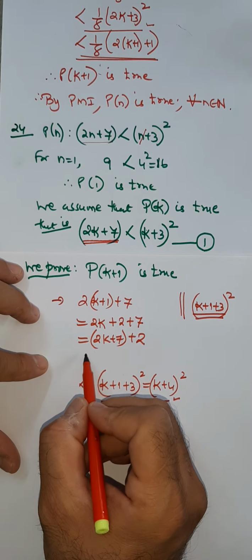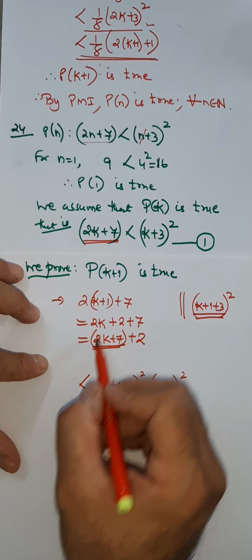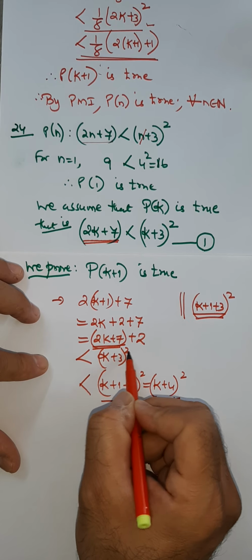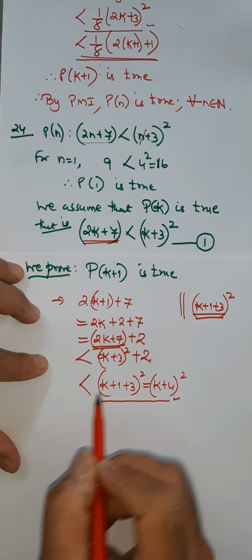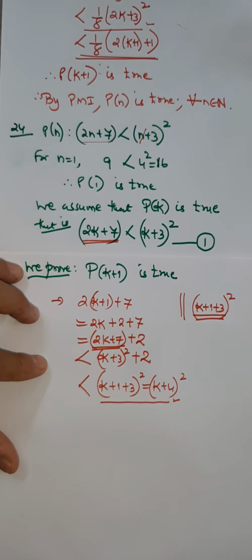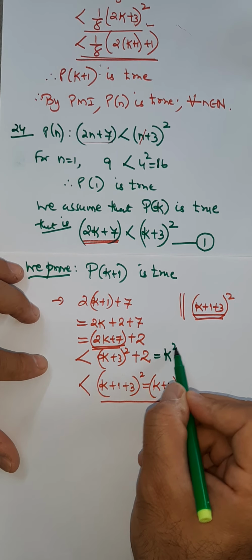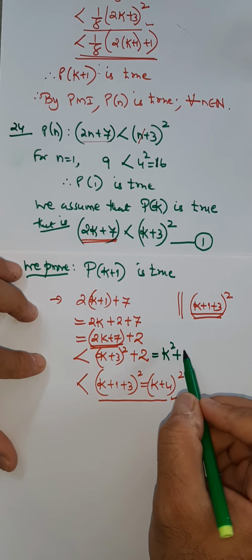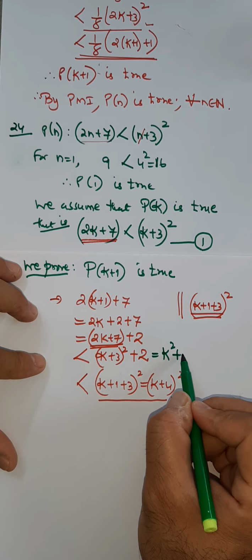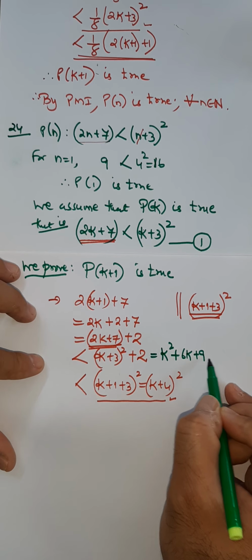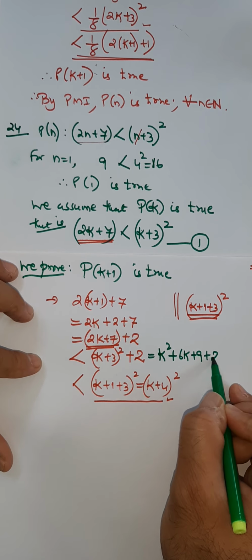Now 2k plus 7, this much, is less than k plus 3 the whole square, and plus 2 as it is. Now if you simplify this, what is this? This is k square plus 6k plus 9 plus 2, which is 11.